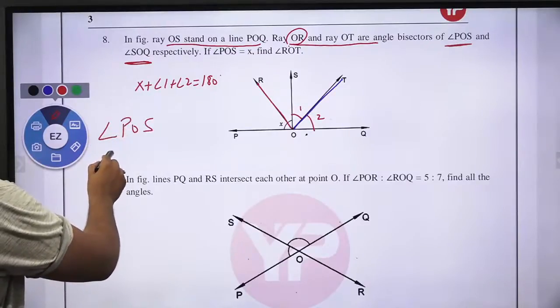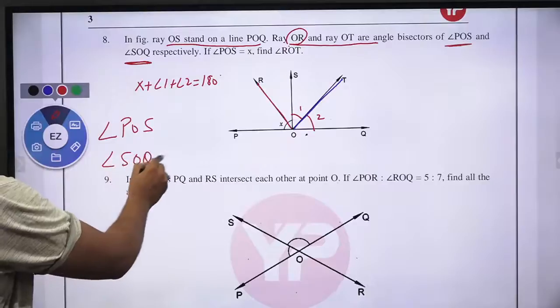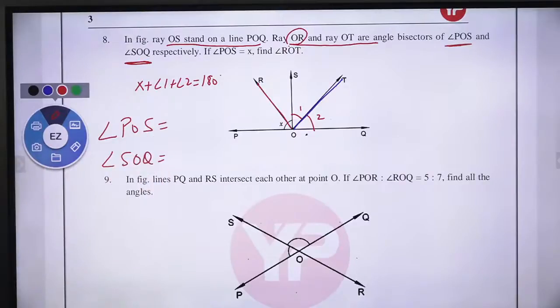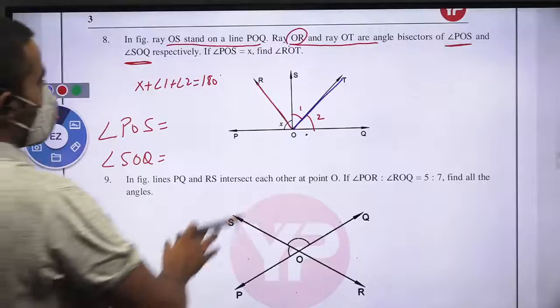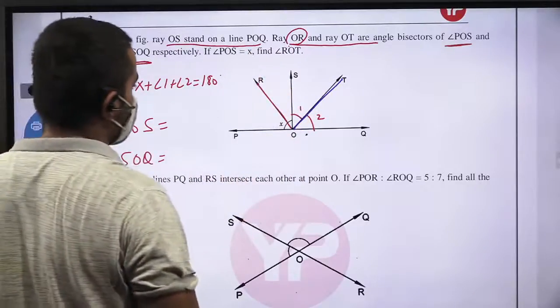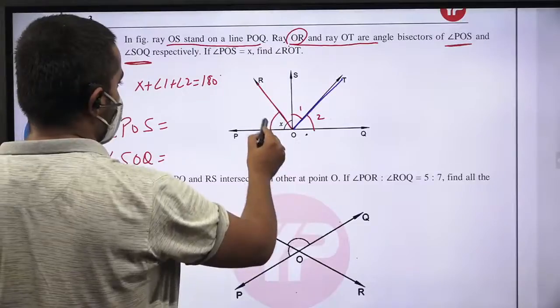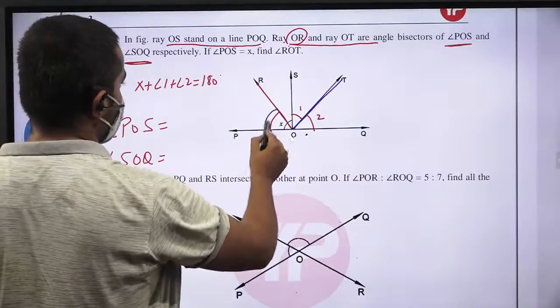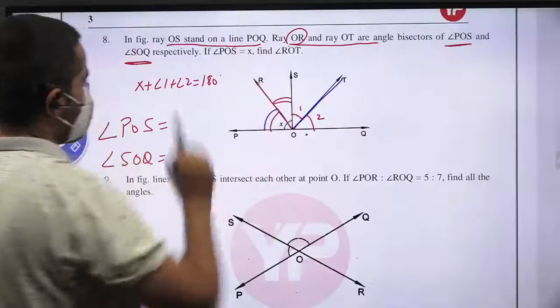So for angle POS and angle SOQ we are given the angle bisectors. OR is the angle bisector of POS, so this angle will be equal to this angle.